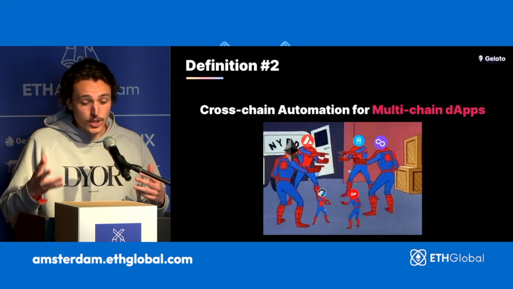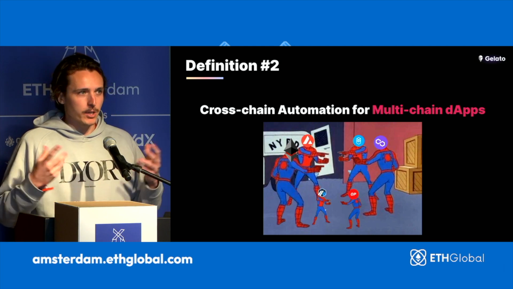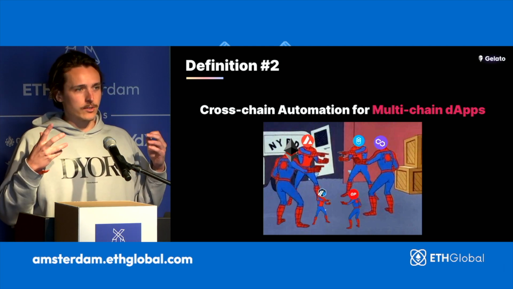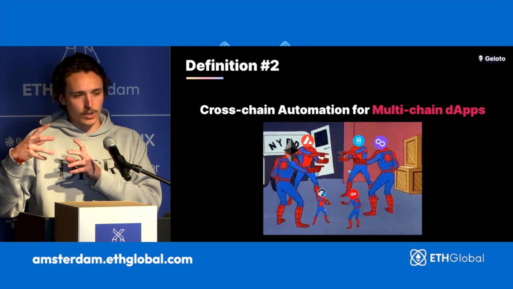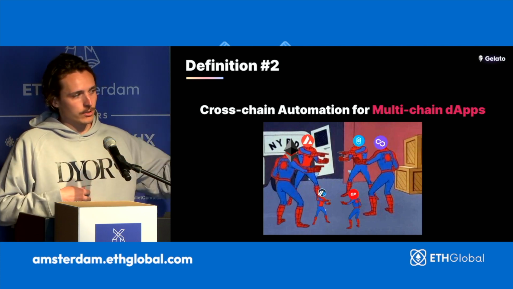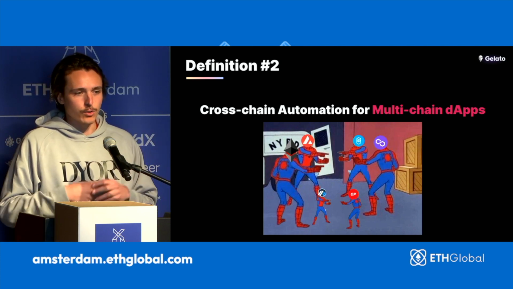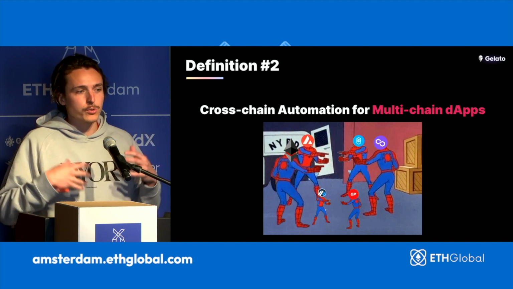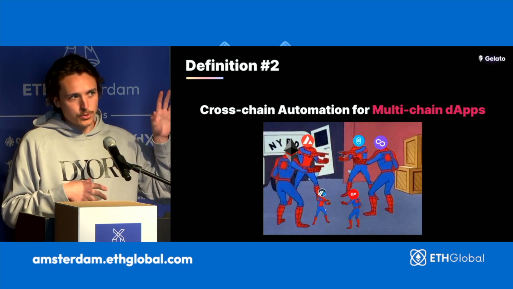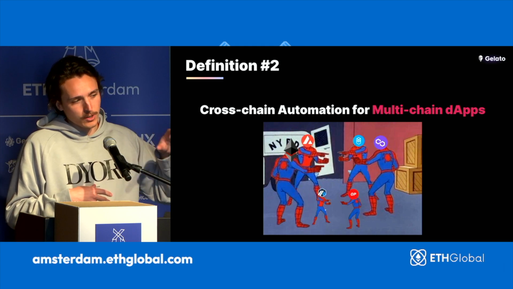Now, the multi-chain part: in the past, applications existed on each network. You had an application on Ethereum, and your user base and front end were usually configured to serve your users on that particular application on Ethereum.